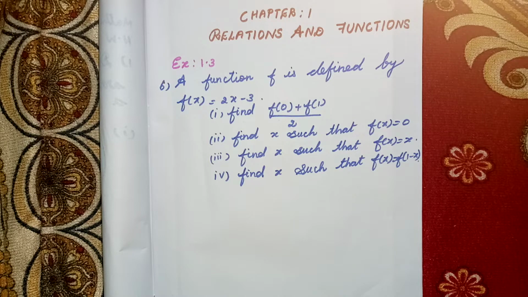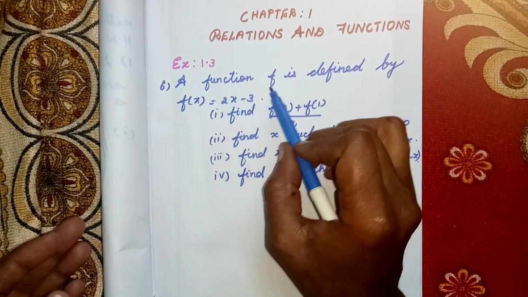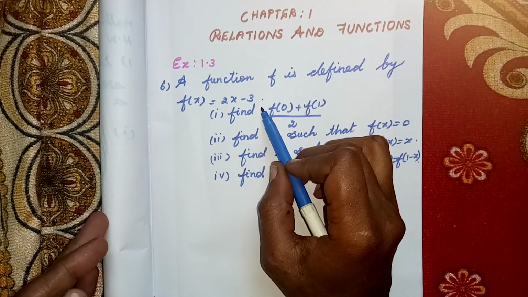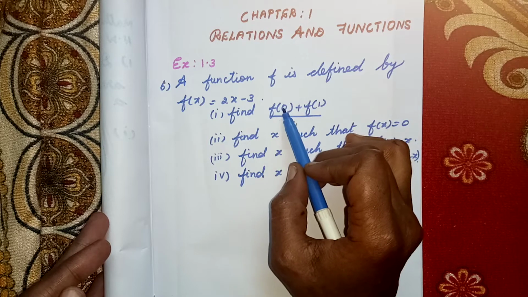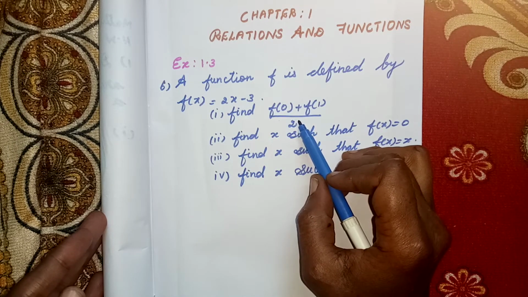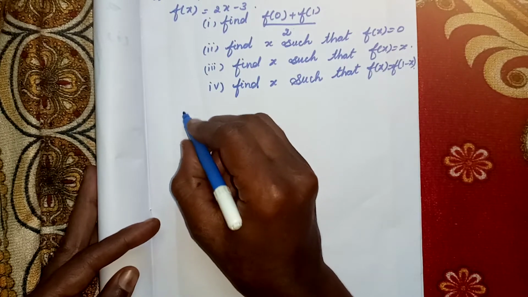Okay, the fifth question you have already learned, is it? Now I am going to explain the sixth question. A function f is defined by f(x) = 2x − 3. We have to find f(0) + f(1)/2. First question: find f(0) + f(1)/2. First solution.